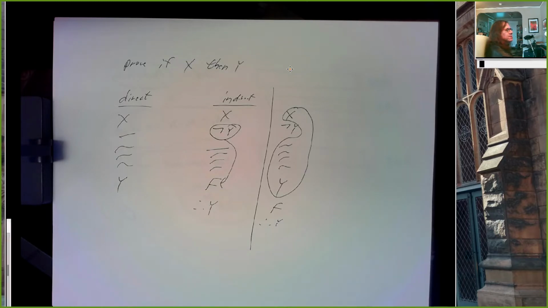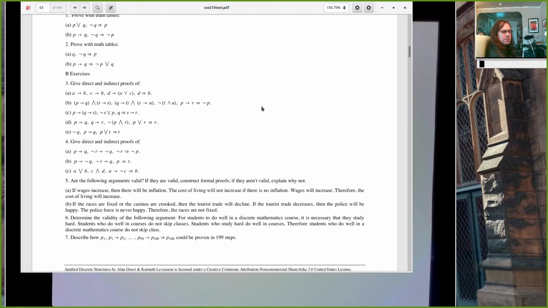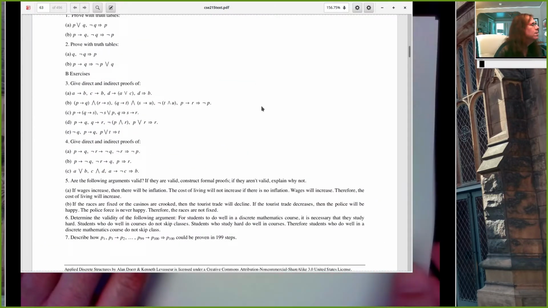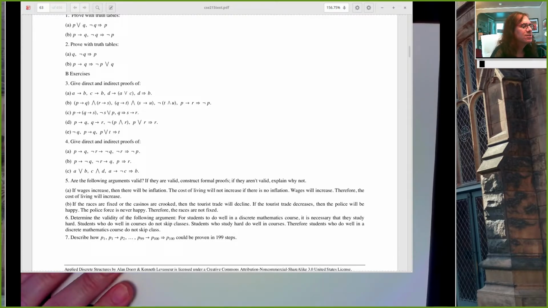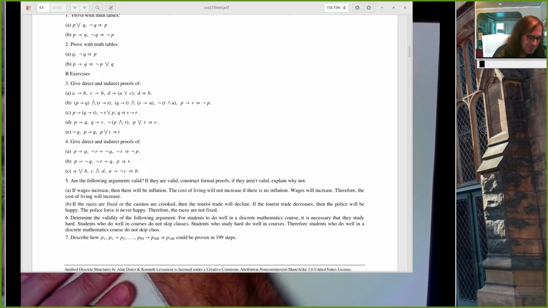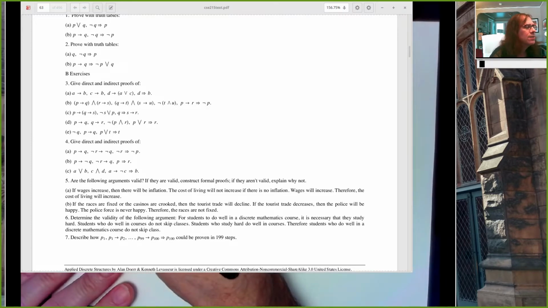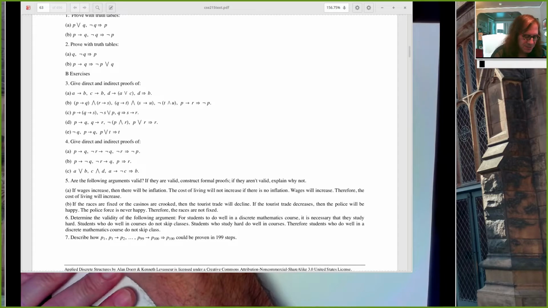I'm giving you odd problems. So let's pick on 3C. That looks, yeah, let's pick on 3D. Let's not do the double implication.